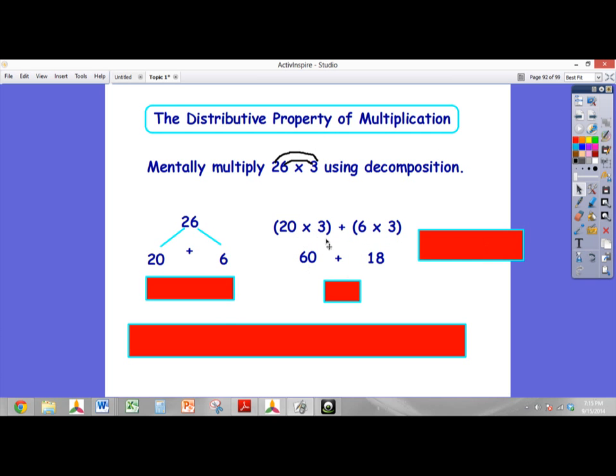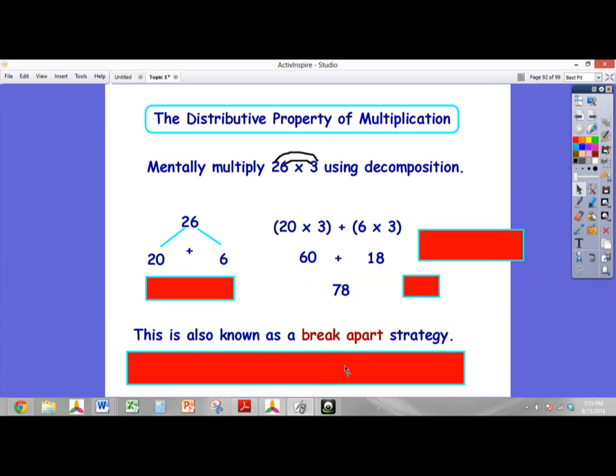So 20 times 3 is 60, because 2 times 3 is 6. Bring your 0 down. We're adding to that 6 times 3, which is 18, to get our final product of 78. This is also called a break apart strategy, and that might be a little easier to understand because we're breaking apart the 26 into two parts, the 20 and the 6.